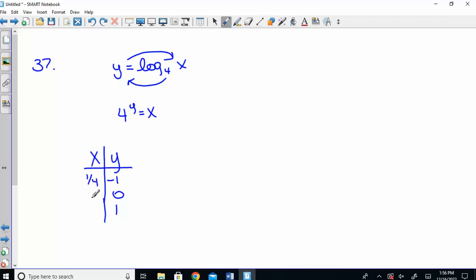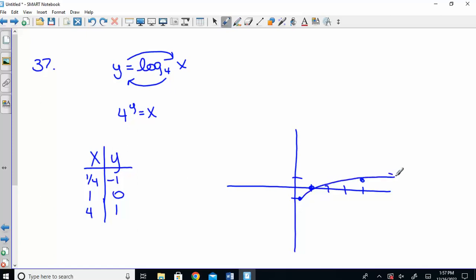So that's the y here. So 4 to the negative 1 is 1/4. 4 to the 0 is 1. 4 to the first is 4. So then we plot those points. So we have (1/4, -1), (1, 0), (4, 1).